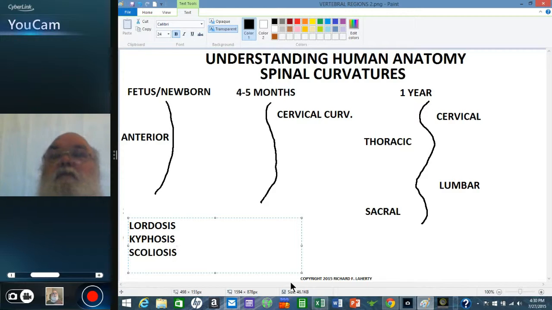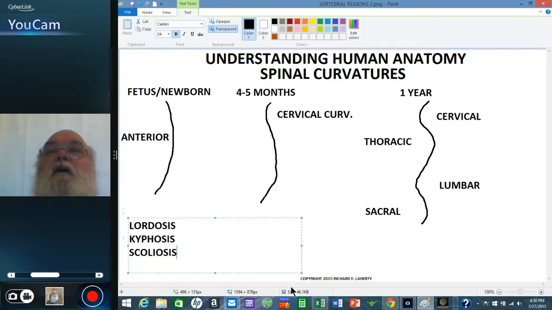So, in summary, we have 7 cervical vertebrae. The primary characteristics are the bifid spine and the transverse foramen. We have 12 thoracic vertebrae, and the chief characteristic of a thoracic vertebra are the facets for rib attachment, the demifacets on the body, and the single facet on the transverse process.